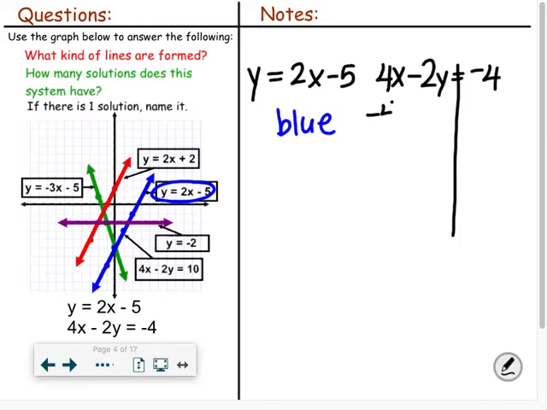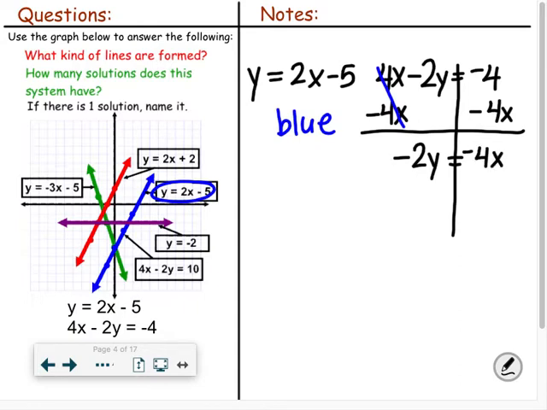So if I put this in slope-intercept form, I would subtract 4x on each side and bring down negative 2y equals. Keeping it in slope-intercept order, I need negative 4x and then minus 4 after it. Remember that those are not like terms, so you can't combine them together.